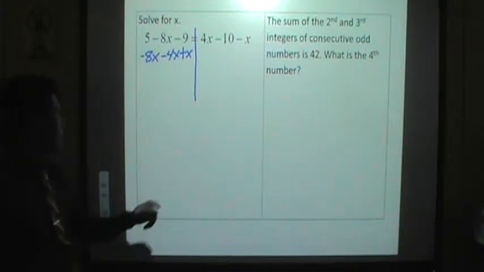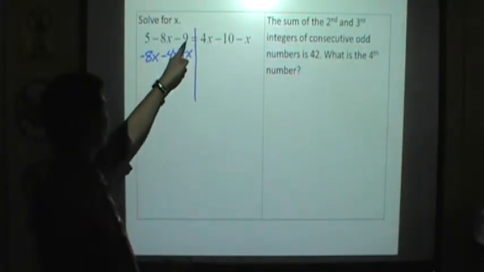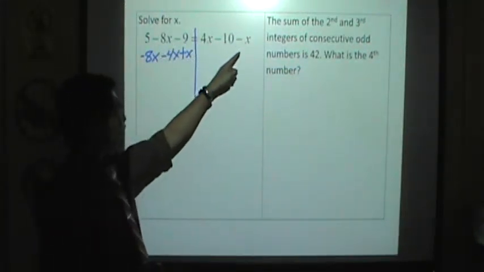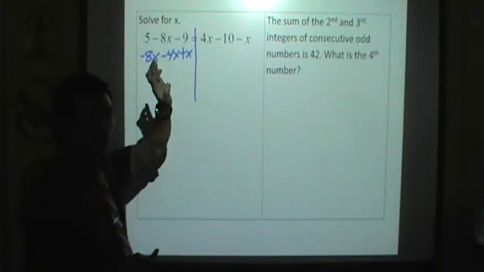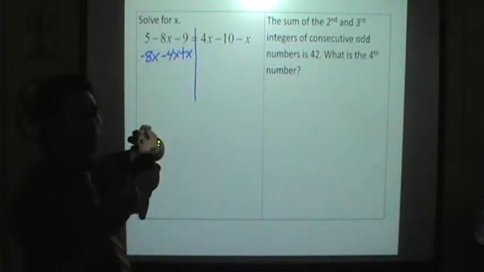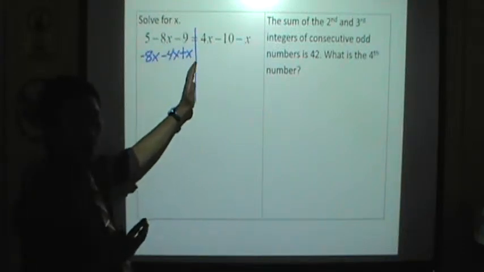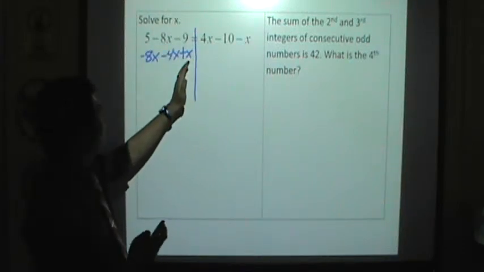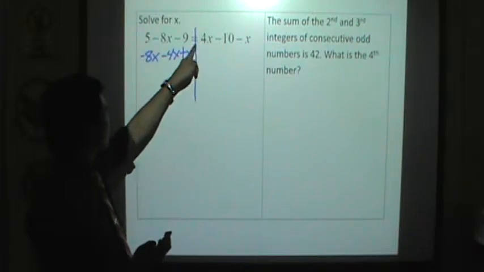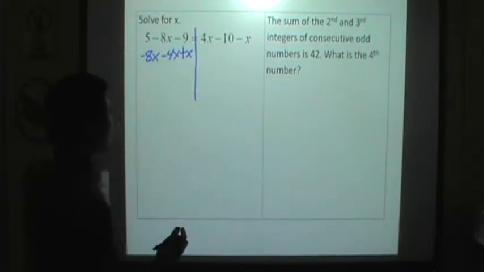Now, notice that 4x became negative and negative x became positive because those terms, when we moved them over the line, over the bridge, over the equal sign, we have to change the sign. So if it's positive, it becomes negative, negative becomes positive.